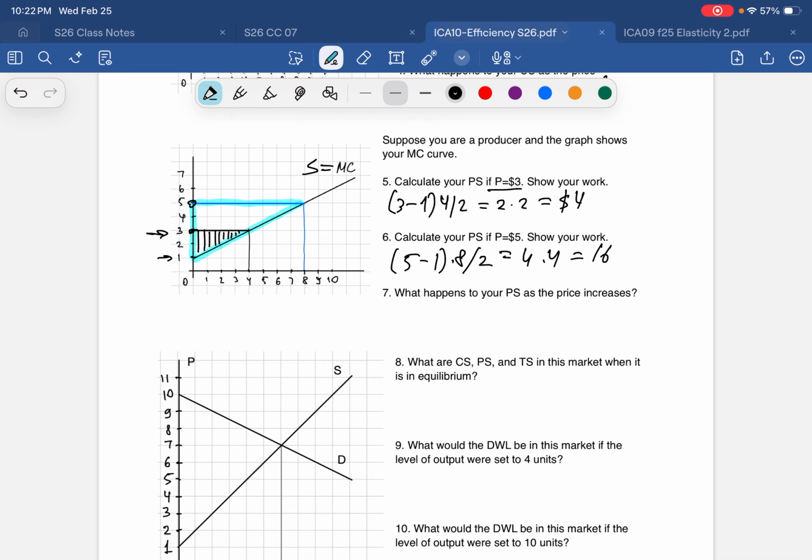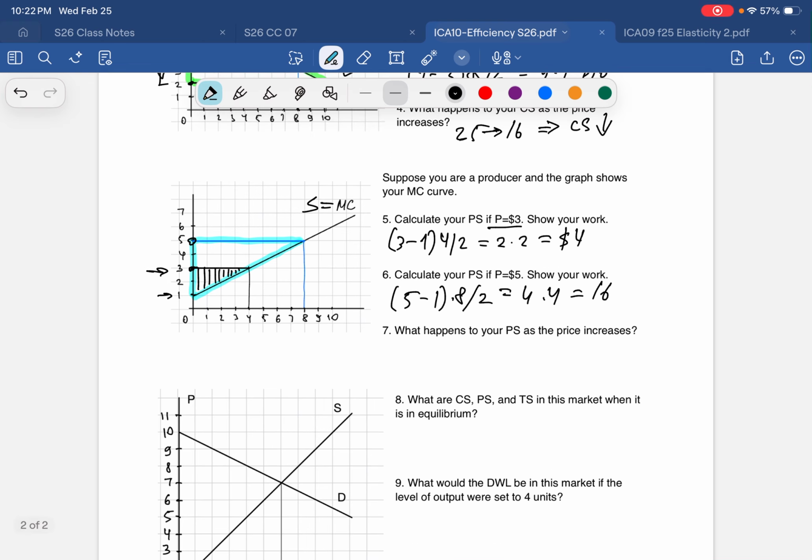What happens to your producer surplus as the price increases? Well, as we go from $3 to $5, clearly producer surplus goes up by 16 minus 4, so that's $12.